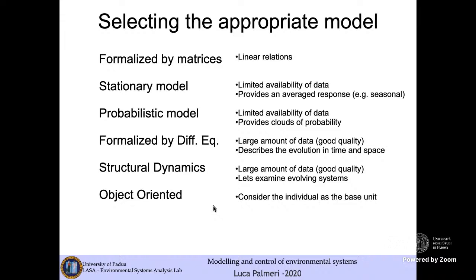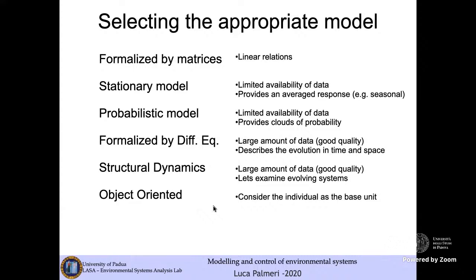Another question is, are we happy to describe our system with a stationary model? This is the case, in particular, if you have a limited availability of data and if you accept that this kind of approach provides an average response, for example, seasonal or annual or daily or monthly values.